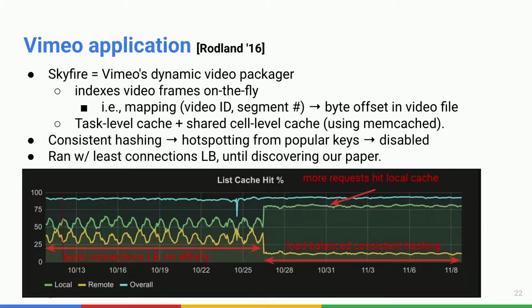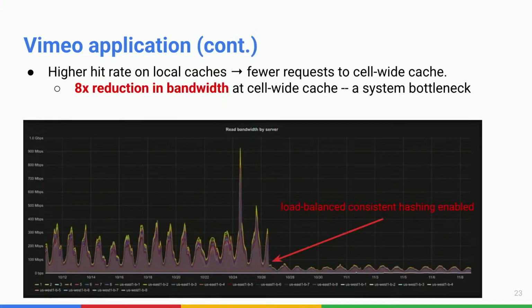And now they're getting way more local cache hits, and their overall cache hit rate stayed the same because at the cell level they're doing the same thing, but most of them are local now, which is fantastic. Because they had a higher cache hit rate on the local caches, the overall bandwidth they're sending to the cell-wide cache dropped precipitously, something like 8x.